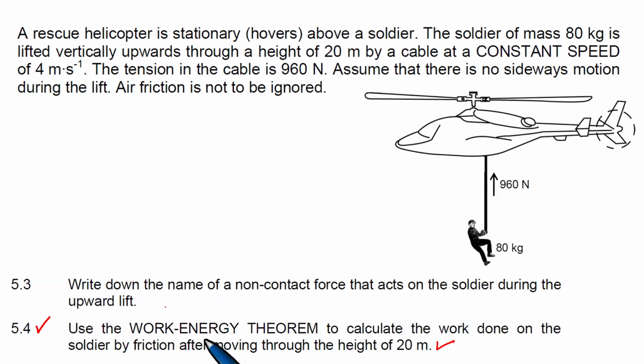Okay, let us use the work energy theorem. A couple of things we need to take into account: we have the tension, and we also have the weight, and we have a smaller force, which is friction.